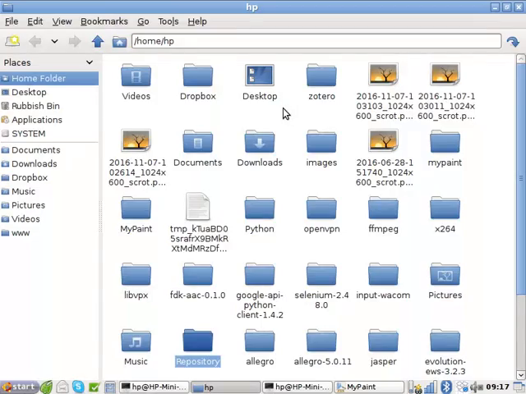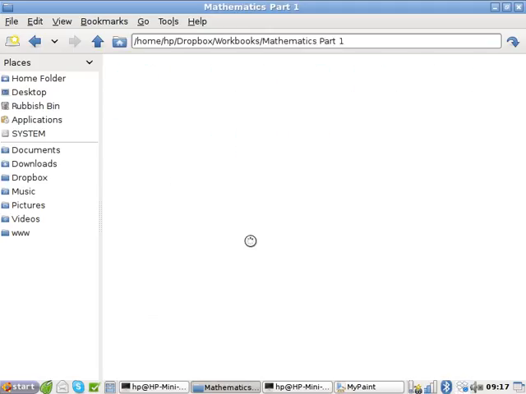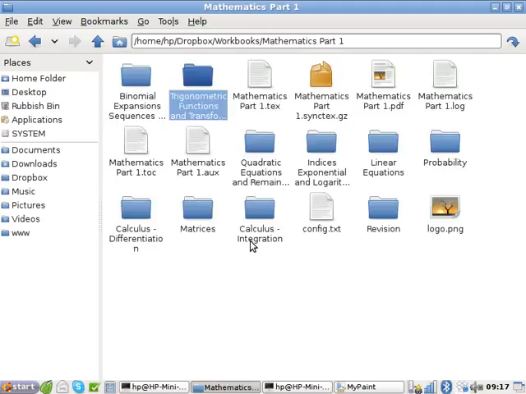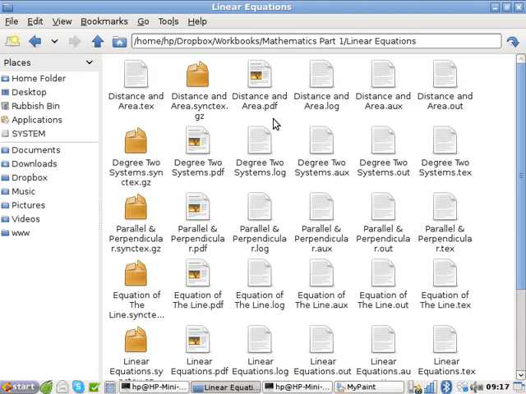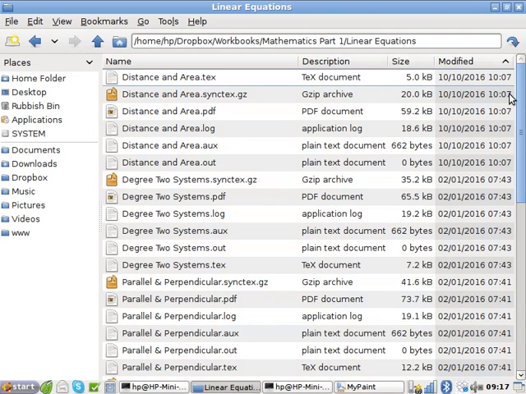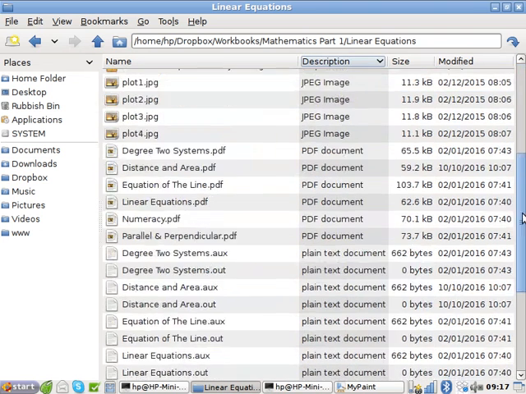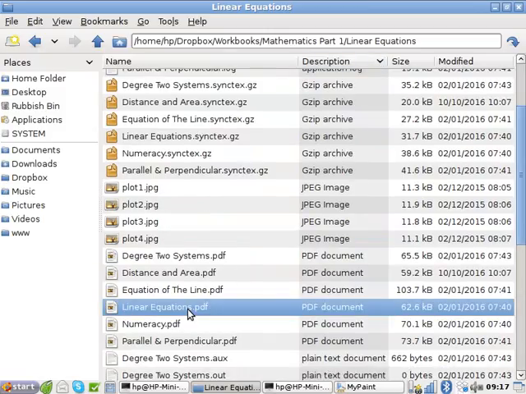Let's open up some here, linear equations. Equation of the line.